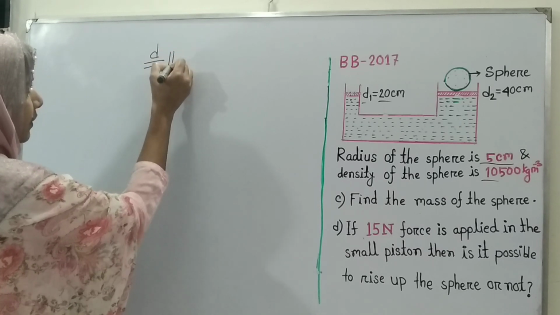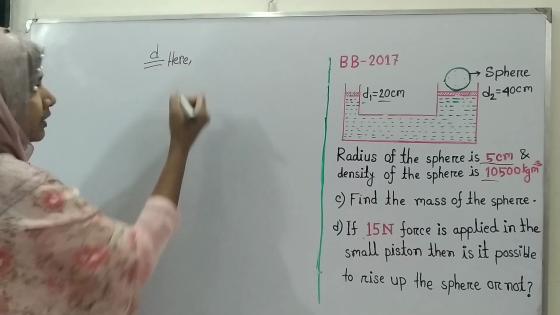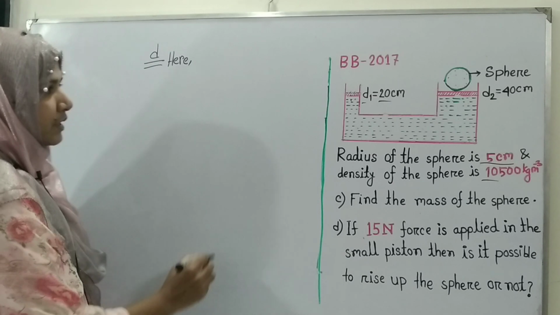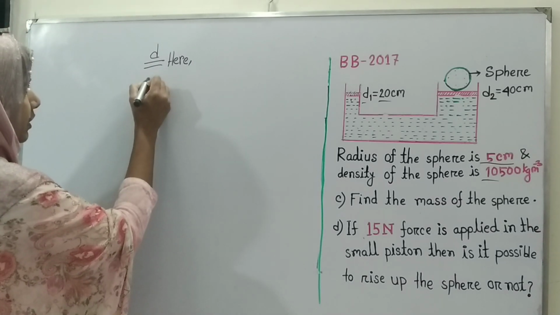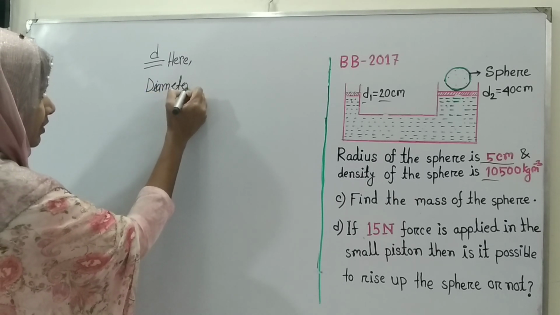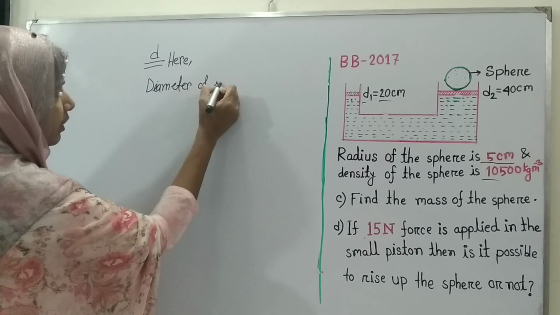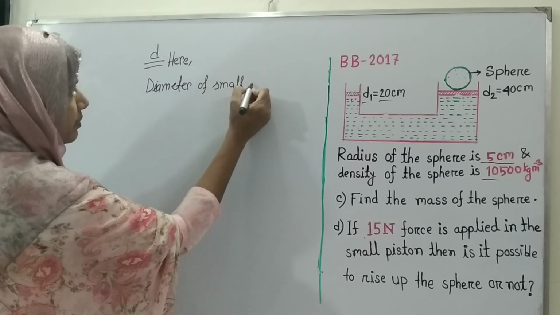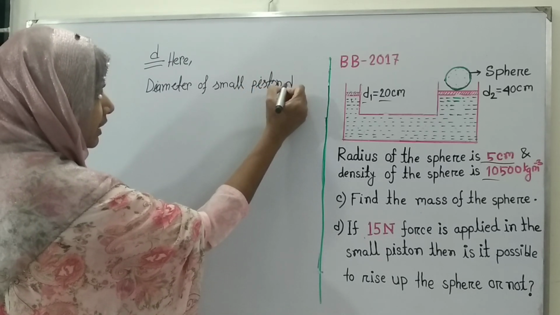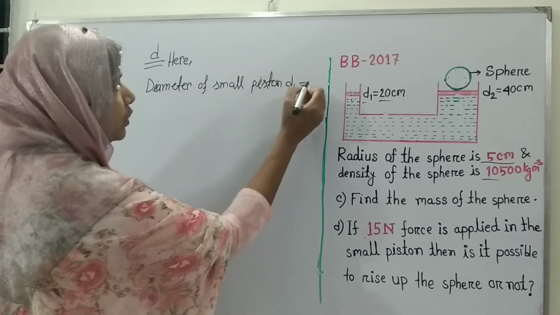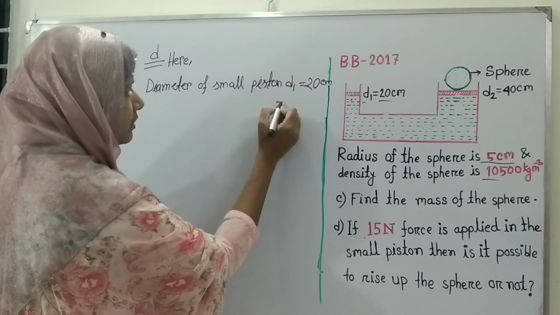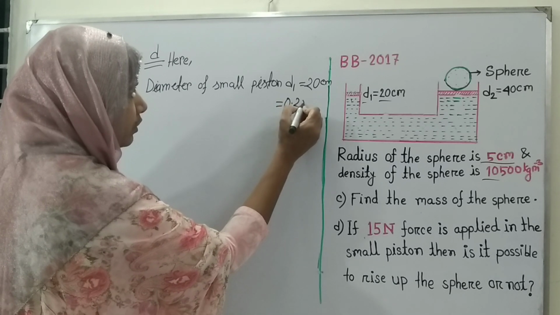Now here given informations are, you can see that the diameter of small piston D1 equals to 20 centimeter. That means 0.2 meter.